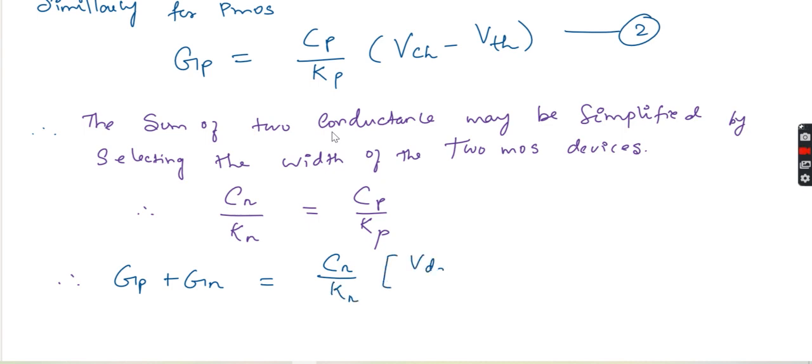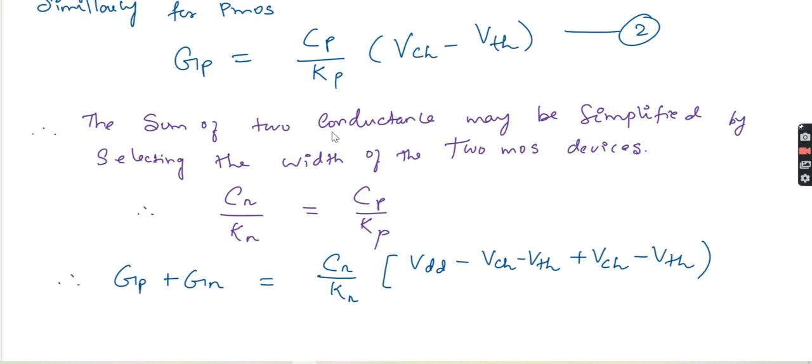For the NMOS we have VDD minus VCH minus VTH, then for the PMOS we have plus VCH, then minus VTH.